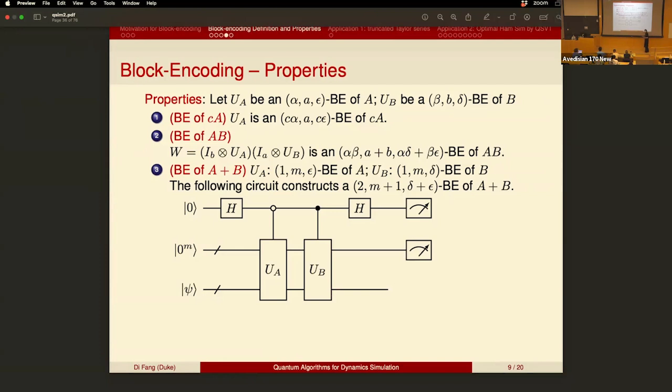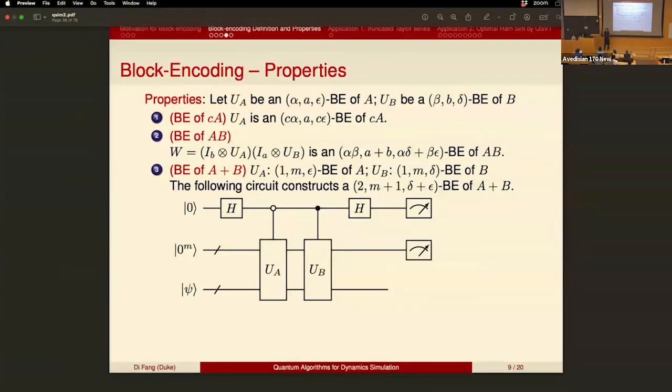So what is the takeaway of it? It turns out if you have an alpha block encoding and a beta block encoding, and you want to do the linear combination of them, the new block encoding's subnormalization factor will be the addition of the two, which is quite reasonable, right?